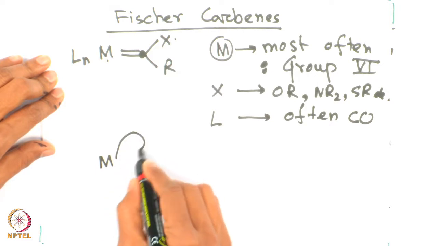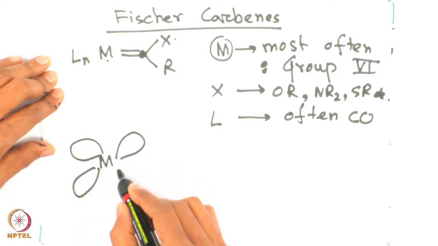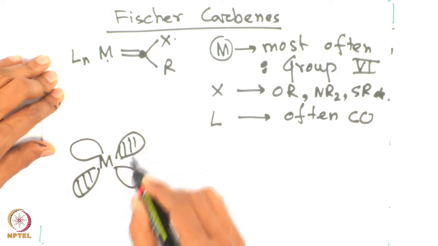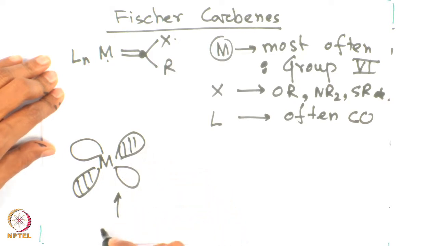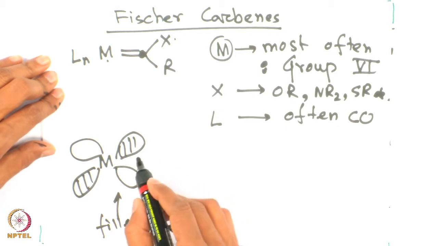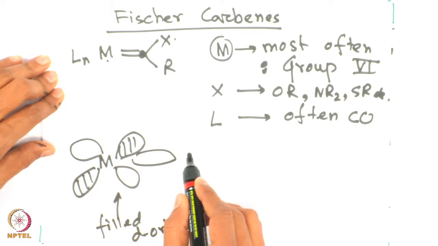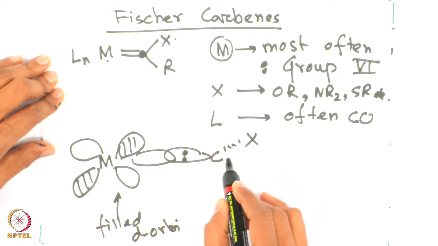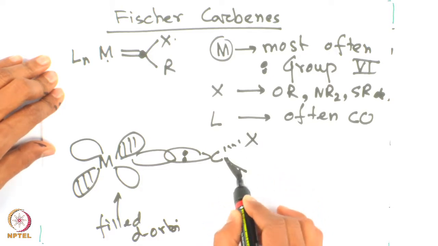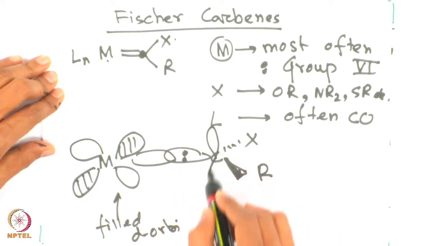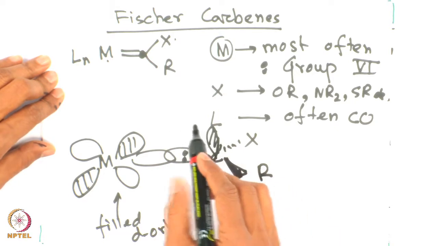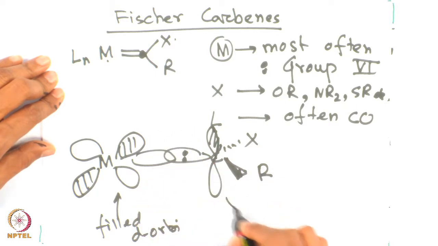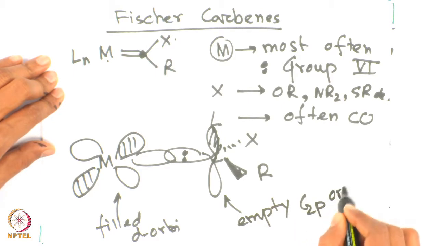If you look at the metal electronic structure, of course, there is a d orbital on the metal, which is a filled d orbital. Now, it can bind or interact with the carbene. So, this is the lone pair. Now, X and R are there on the carbene center. Now, the carbon has this empty C 2p orbital.